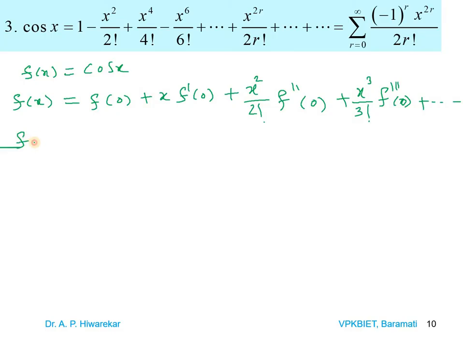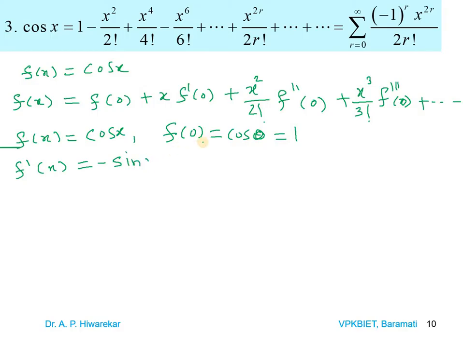So what is f(x)? It is cos x. What is f of 0? Cos 0, and cos 0 means 1. What is the derivative of cos x? It is minus sin x.